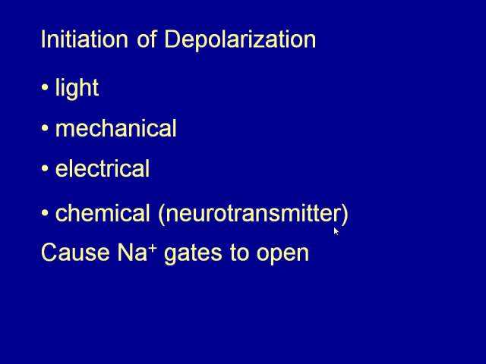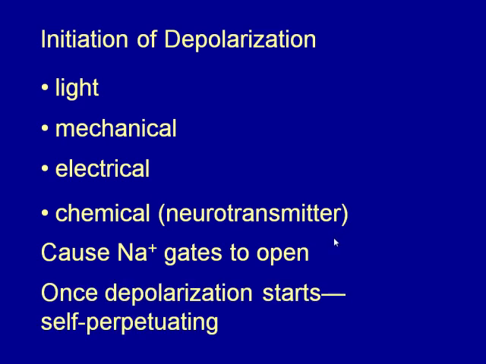All of these things can cause sodium gates to open on the neuron to initiate the action potential. Once depolarization starts, we say it's self-perpetuating. One sodium gate opening causes the next sodium gate to open, causing the next sodium gate to open. And of course, opening sodium gates, they're going to close immediately, and potassium gates will open as a part of that whole event.